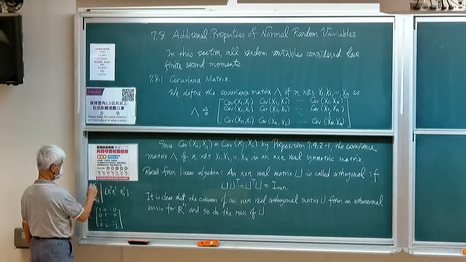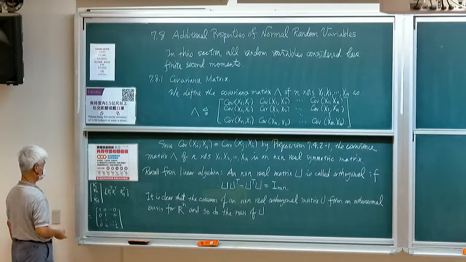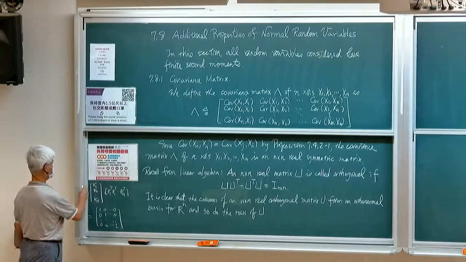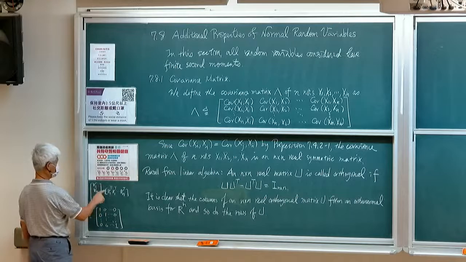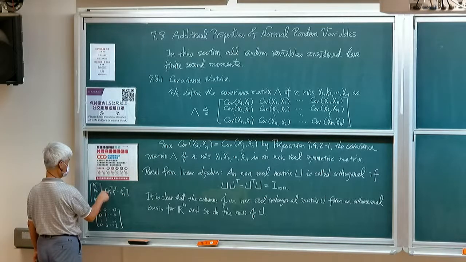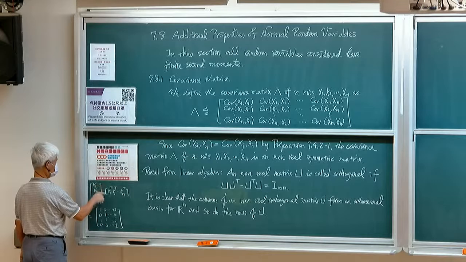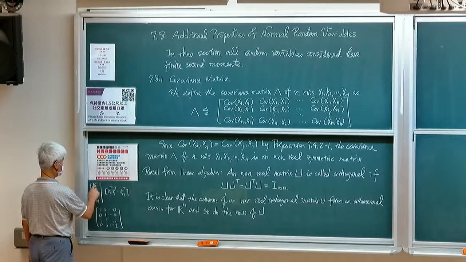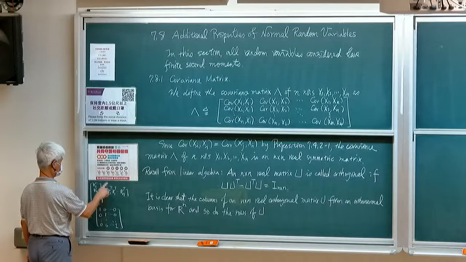Okay, so R1 times R1 transpose is just the inner product of the first row and the first column.